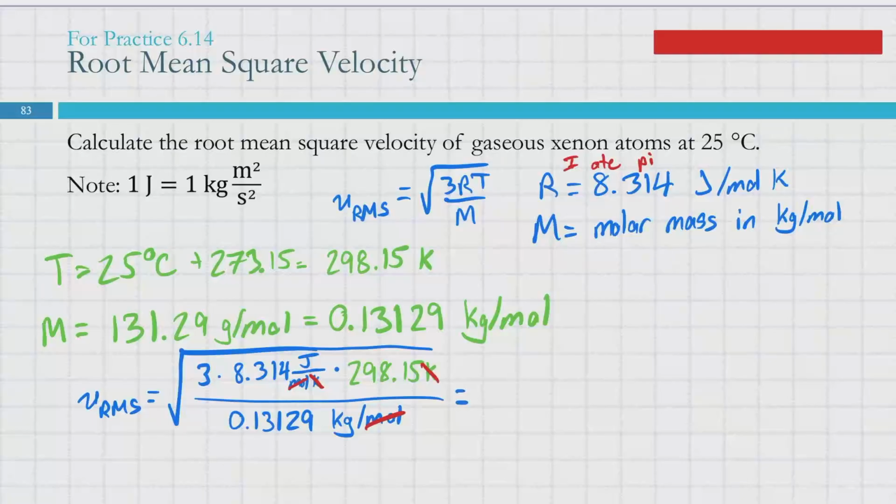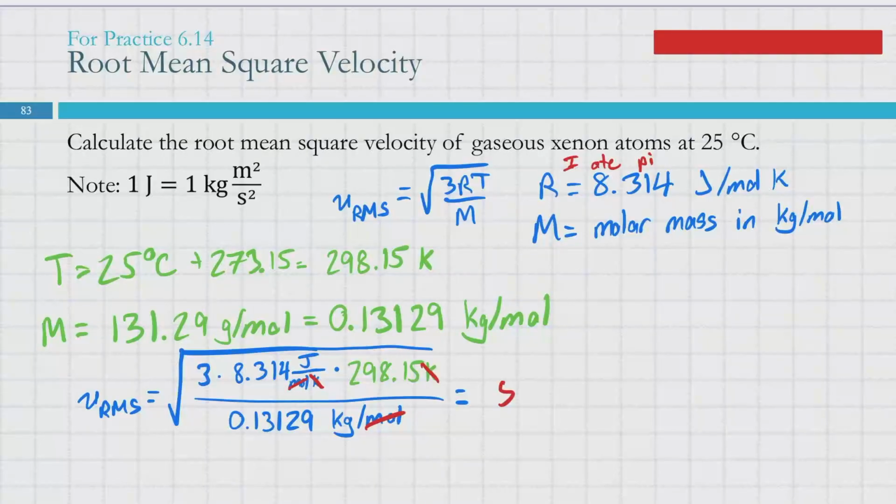I'm going to plug these numbers in just so that we can get one number, and then we can work out the units after that. So 3 times 8.314 times 298.15, multiplying everything that's on the top, and then dividing by 0.13129.